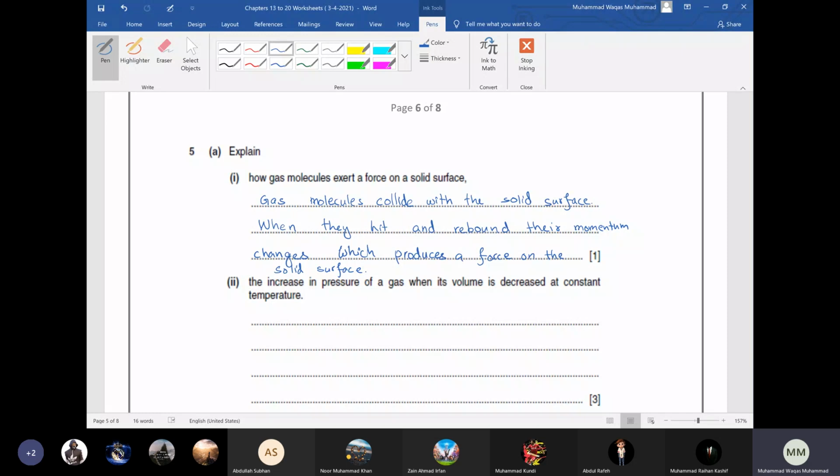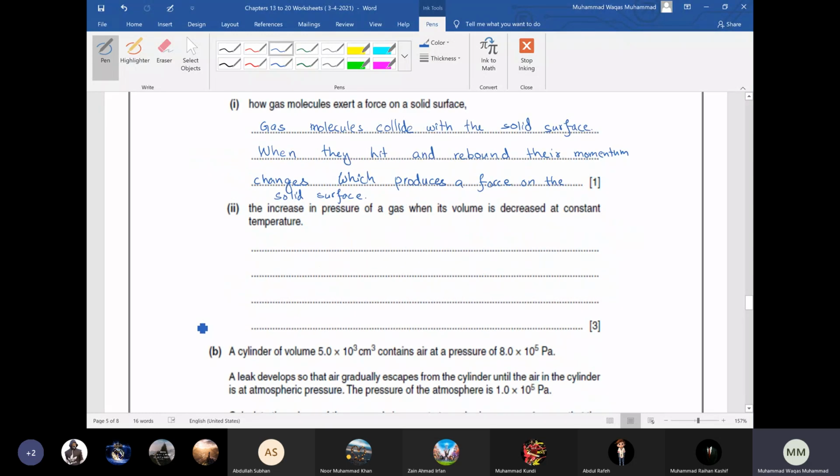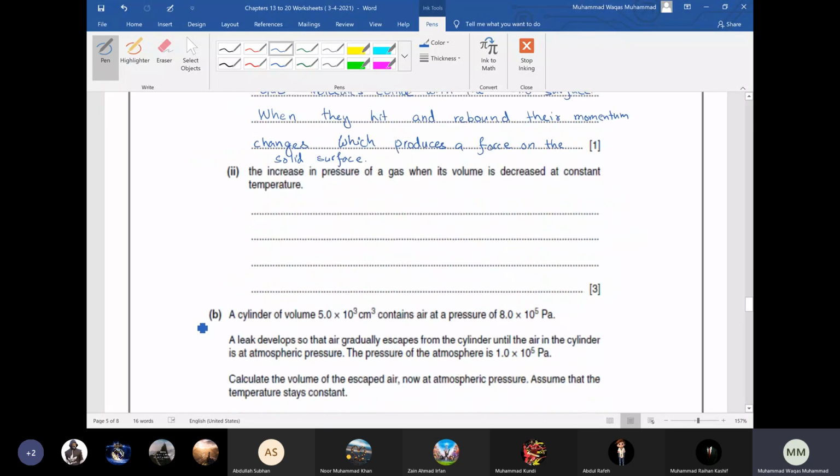Now beta, next part, the increase in pressure of gas when the volume is decreased at constant temperature. Can anyone answer this, beta? Can anyone answer this? No one?